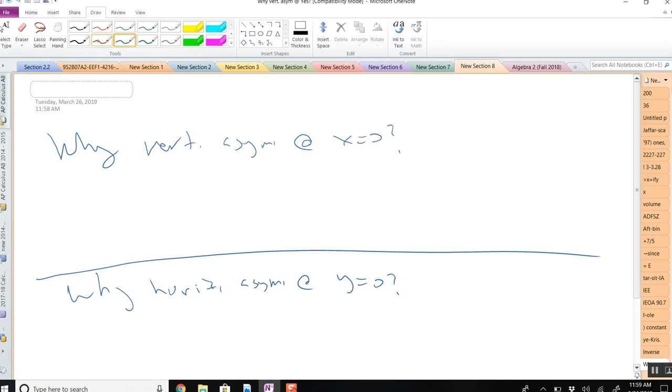Now, don't say because we can't have 0 in the denominator. That's true, but it's not the real reason why. Here's the correct way.